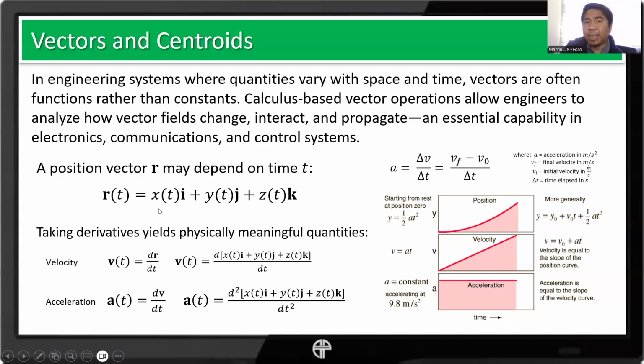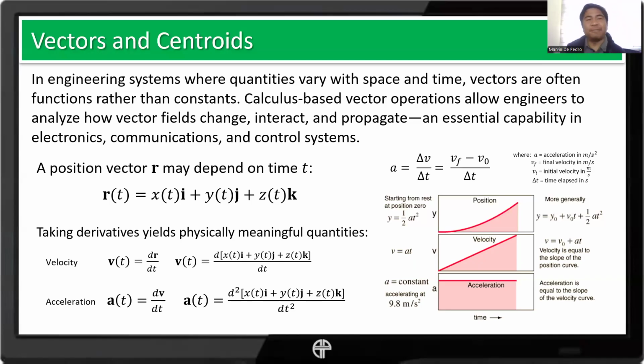The position can have, in the Cartesian coordinate system, an x component, a y component, and a z component. Just like what we had earlier, the x component is paired with the i unit vector, y with the j unit vector, and z with the k unit vector.